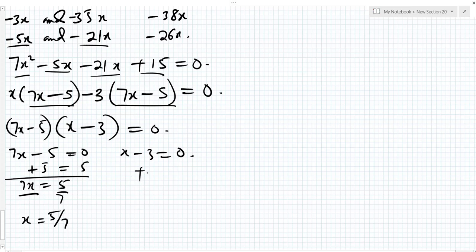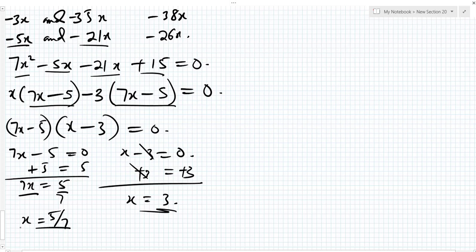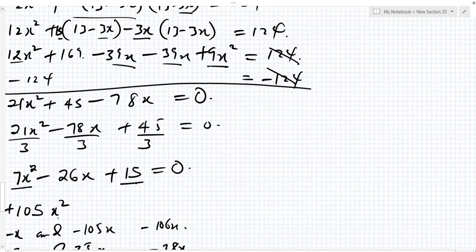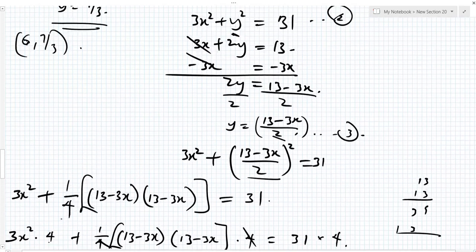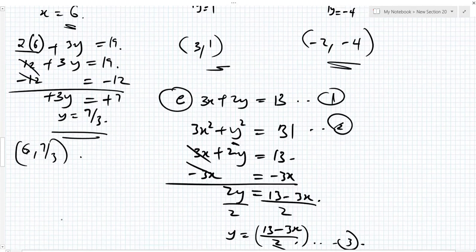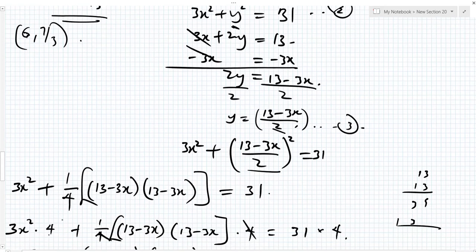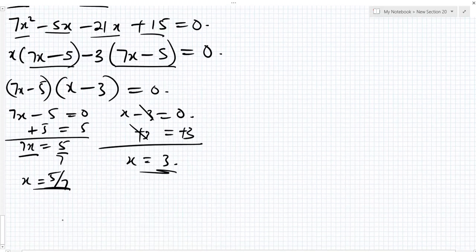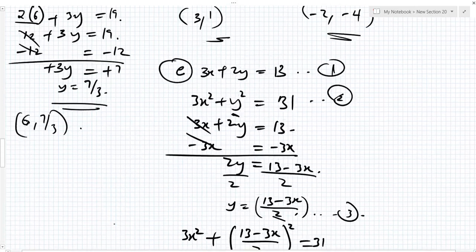Now if you add plus 3 to both sides, this one will cancel this. You have x is equal to 3. So these are the two solutions. So now using this, if you substitute this into equation 3, equation 3 is y equal to 13 minus 3x all over 2. Let me be sure.